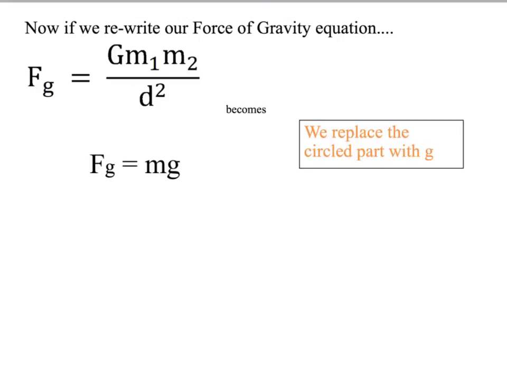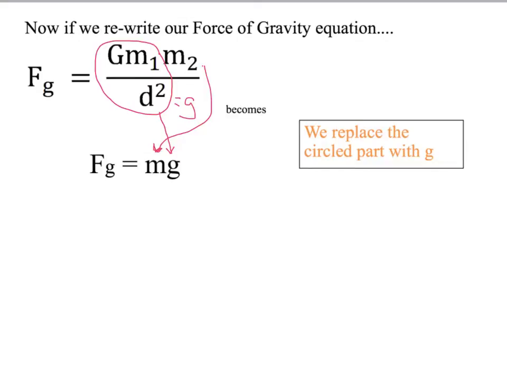Okay, if we rewrite our force of gravity equation, we know, again, what we said before, this thing right here is little g. So if I replace in this equation, Fg is just going to come down. This whole thing right here all goes into that, and then the leftover mass comes in over here.